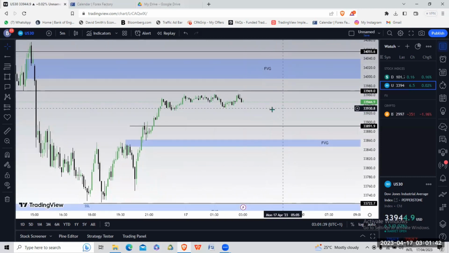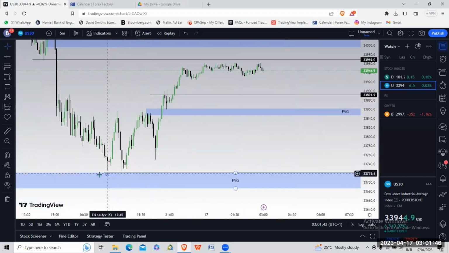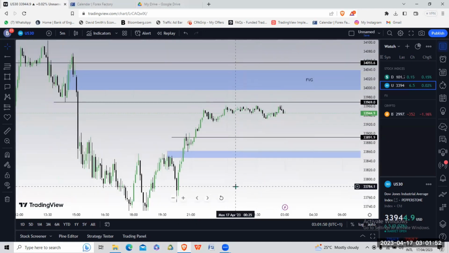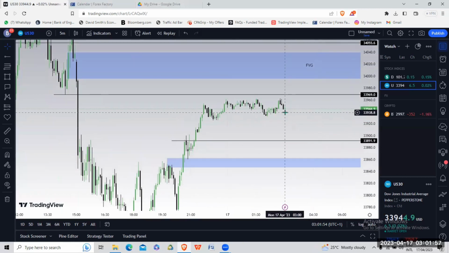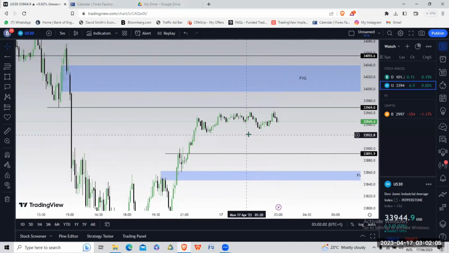Possibly, if it didn't create a new one, then it will drop to this point because you can see equal lows here and you can see another FVG here. All right. So that's by the way. But first of all, what I'm saying is we can have price eventually start dropping to this, even to this point.